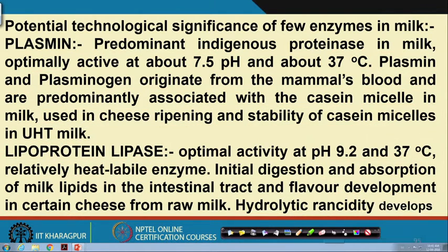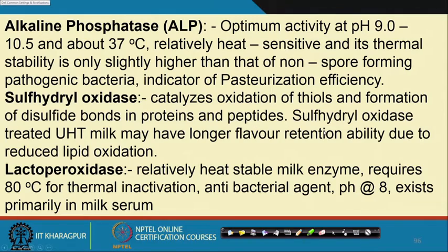We then get alkaline phosphatase. This we have already said a little. Phosphatase is an enzyme used to detect whether the heat treatment was sufficient for pasteurization or not, because phosphatase is, compared to other enzymes, much more stable at high temperature.